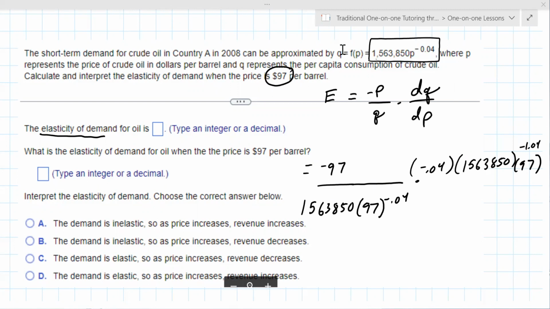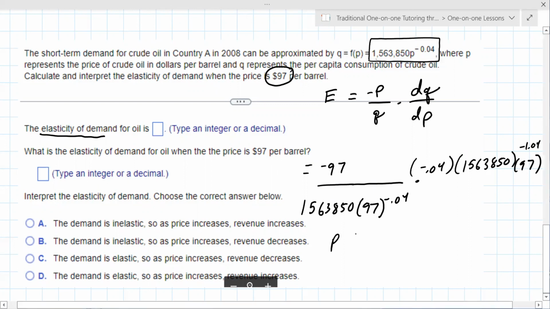Okay. 1563850 times P. Okay, so just to be clear here, P is 97. Q, when I plug P into this up here, and you're welcome to try that with me, is this number, 2339.5, a bunch of other things.